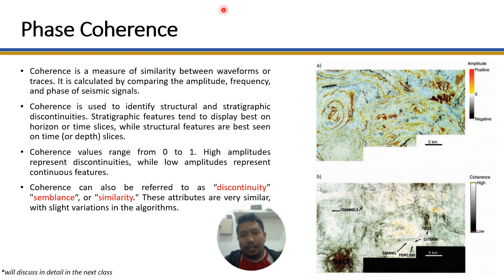So phase coherence is a powerful tool for identifying structural and stratigraphic discontinuity in seismic data, and it's quite common and widely used in seismic interpretation for oil and gas exploration particularly. So we will discuss phase coherence further in a specific chapter in the next lecture.